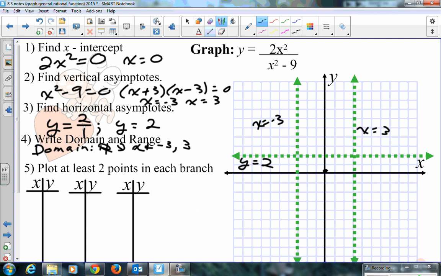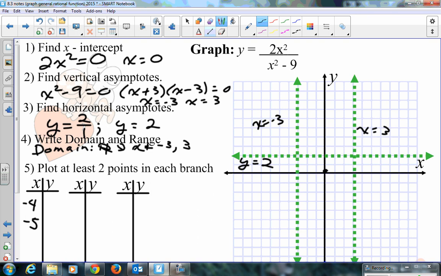So let's look at the left branch first. So let's look at, say, negative 4 and negative 5, because I need to be to the left of negative 3. So if I put a negative 4 into my function, I've got 2 times negative 4 squared.